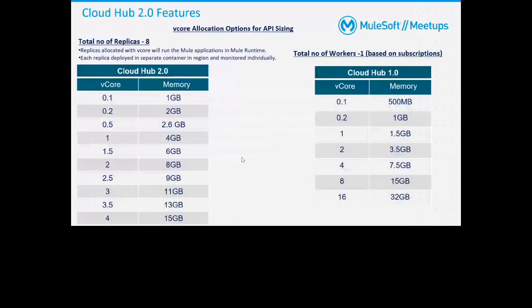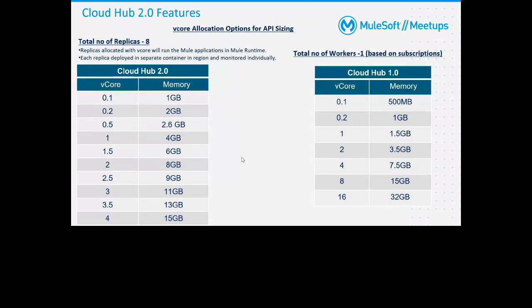Another topic is vcore allocation options for API sizing. We have a more granular level of vcore sizing available here. With fractional vcores offered in CloudHub 2.0, we are no longer bound to bundle multiple listeners or multiple API endpoints into a single application for resource usage.